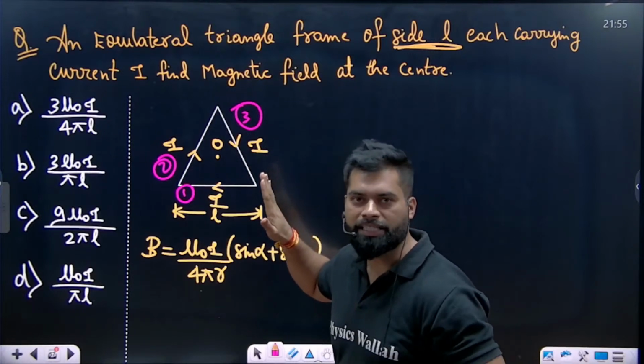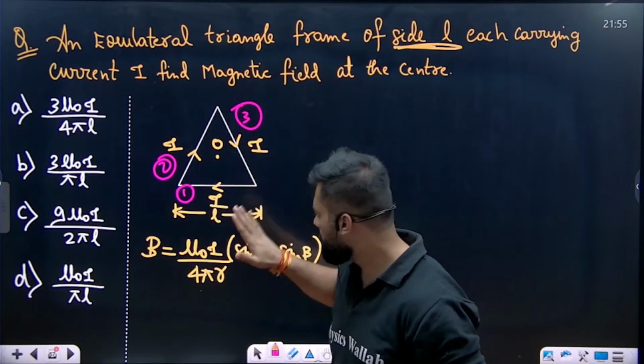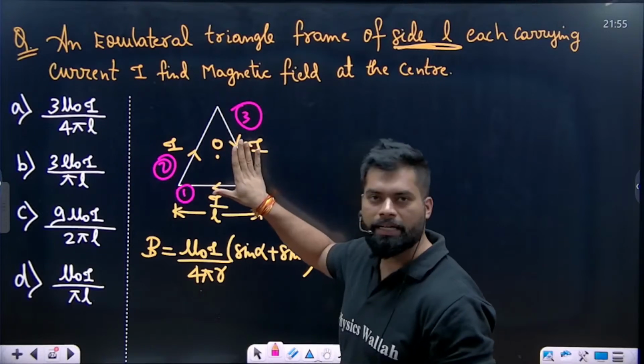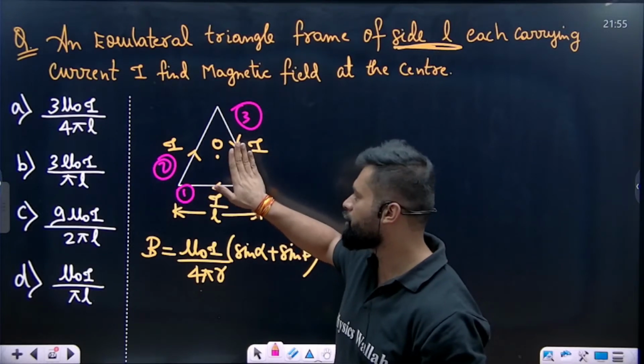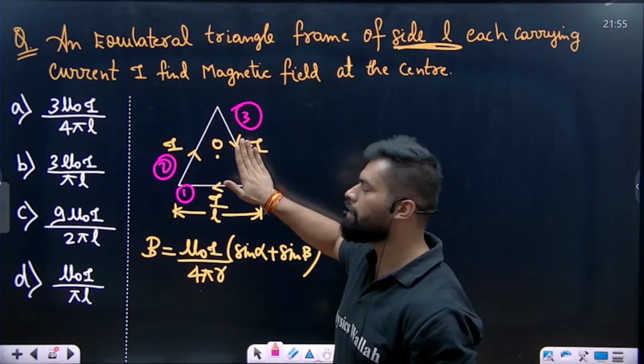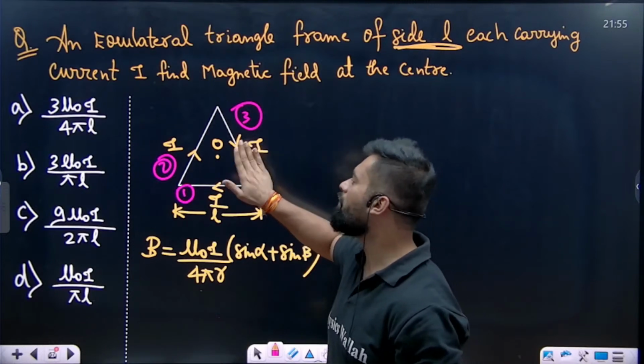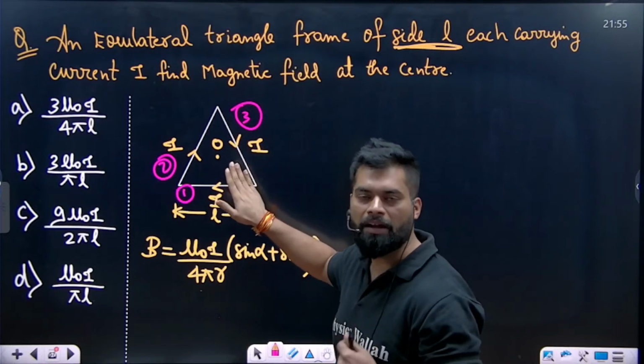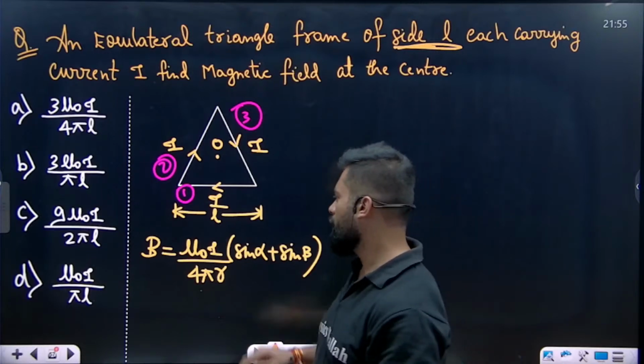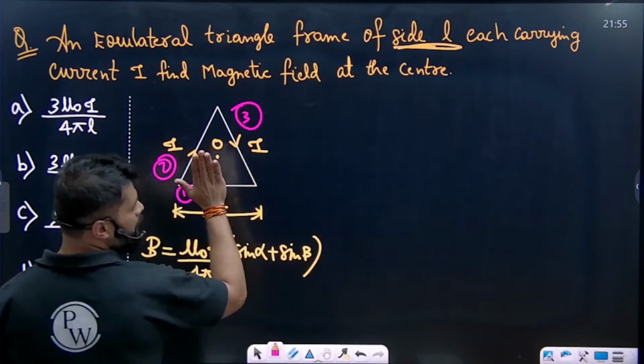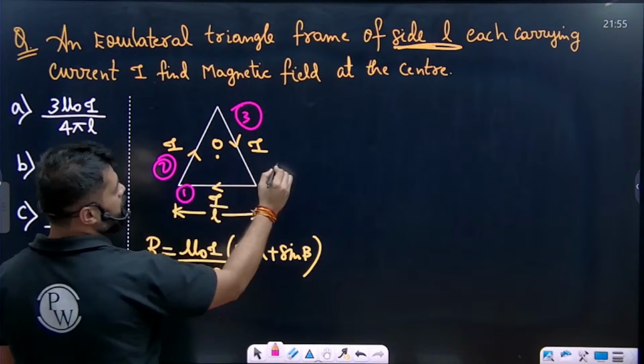To find the direction, we put our thumb in the direction of current, and the direction in which the fingers tangentially move, or the palm directs, gives the direction of the magnetic field. From the first conductor it is directed inside the page, yes or no?